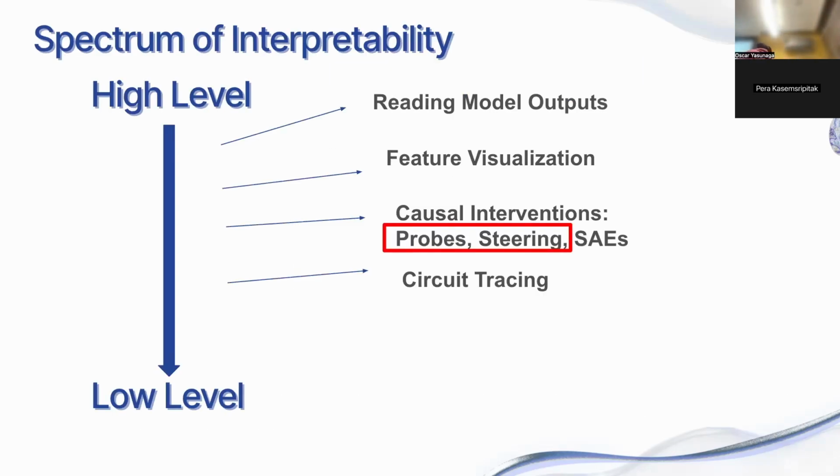There's a spectrum to interpretability, and trying to understand what the model is doing. Today we'll talk about steering and logit lens, which is reading model outputs more or less, and interventions.